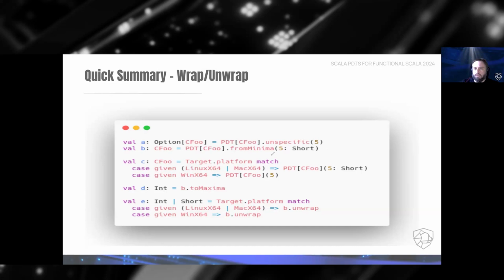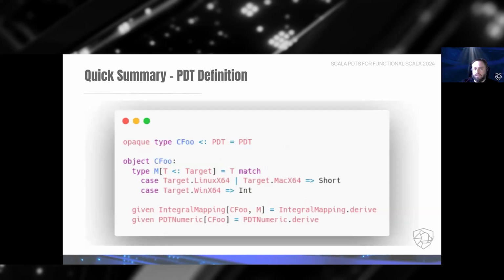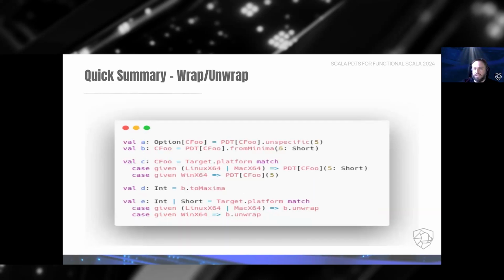We also have access to from minima here since we did integral mapping. And the minima for Sifu is short. So that's a safe instantiation to go from 5 short to Sifu, and we have a free Sifu there. We can also inspect the platform to determine what we're running on and use much more platform-specific code to do instantiation.